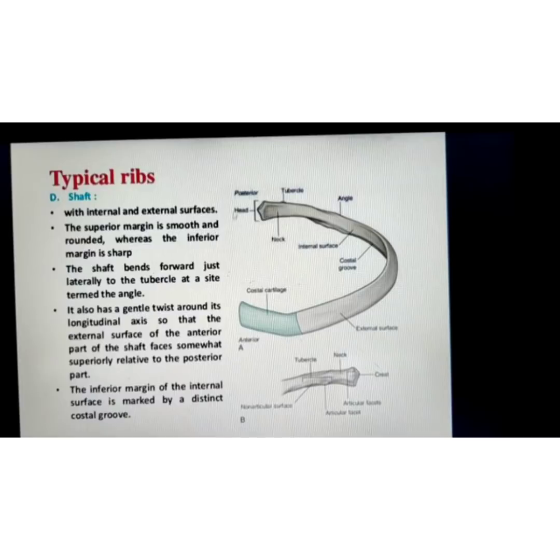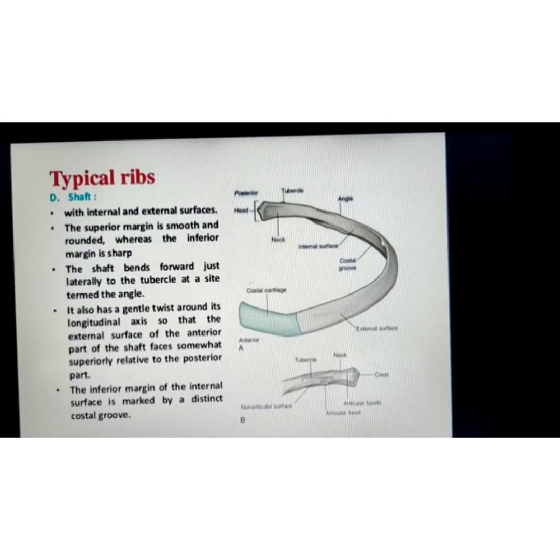Now that is about the head, or the posterior end, of the rib. Coming to the shaft of the rib. The shaft of the rib consists of two surfaces, the internal surface and the external surface, also known as the inner surface and the outer surface, and a superior margin or superior border and an inferior margin or inferior border.